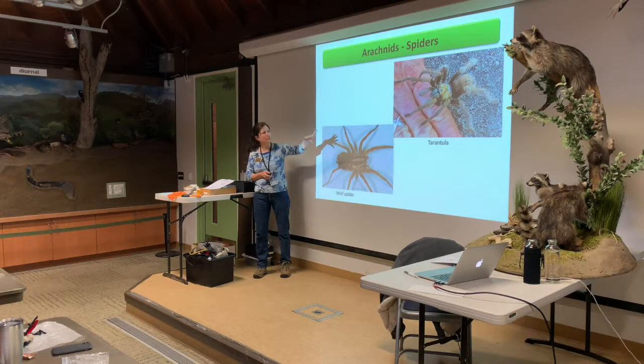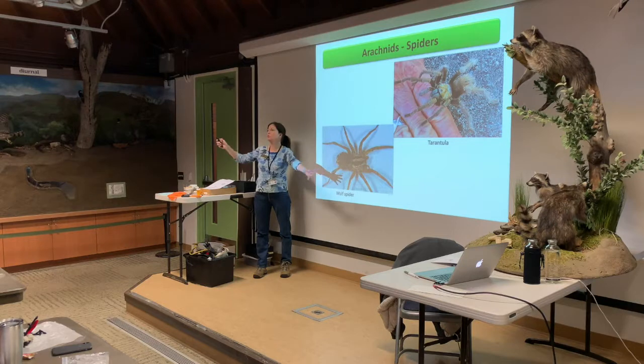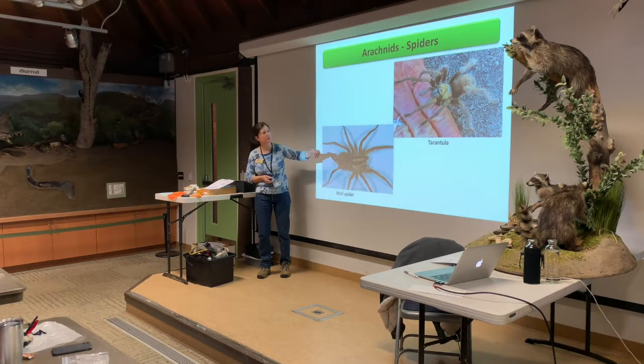Spiders that are often mistaken for each other are the wolf spider and the tarantula. But if you take a good close look at them, the tarantulas are much larger than wolf spiders. Even though people say, oh my god, the wolf spider is so huge, it's not quite as big.